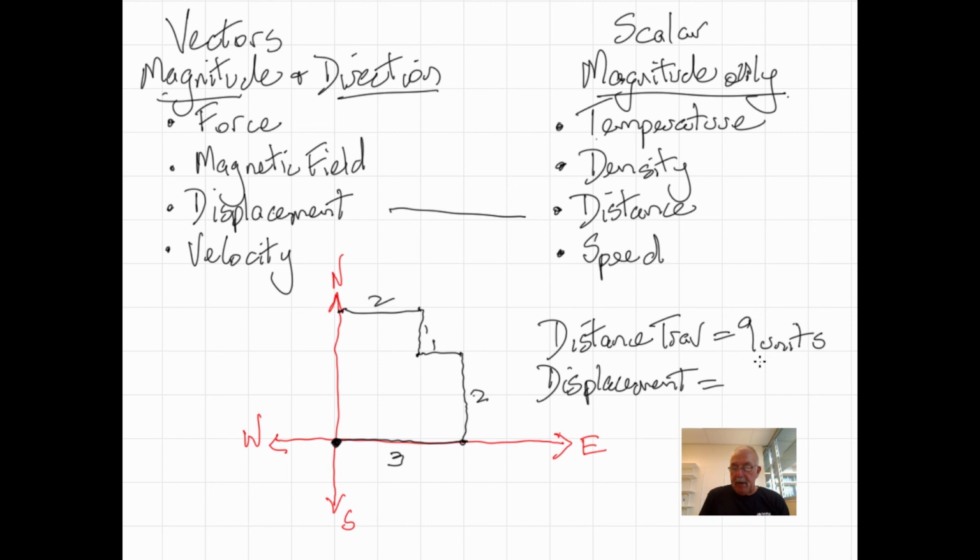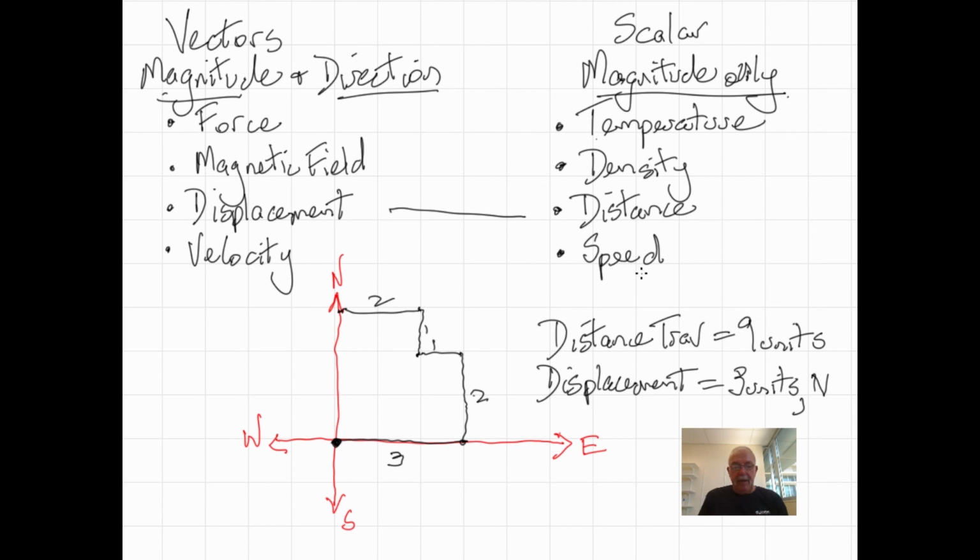So 1, 2, 3. So it's 3 units. And we set up here that vectors must have magnitude and direction. And so we're talking about displacement. So we've got to give, as well as a magnitude, we've also got to give a direction, and it will be 3 units north. So therein lies the difference between distance and displacement.